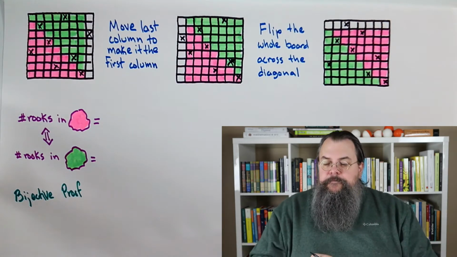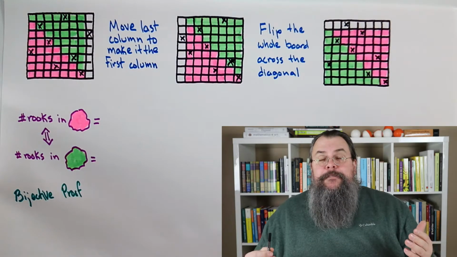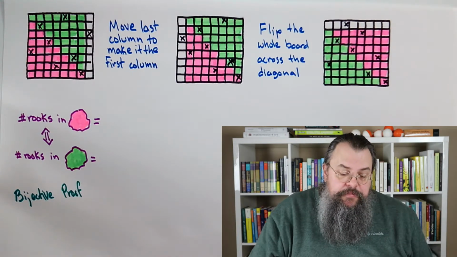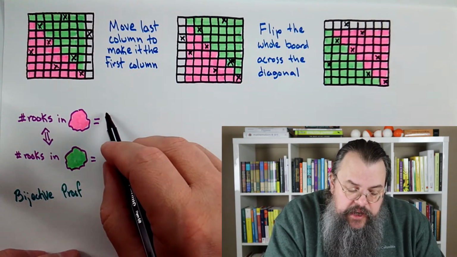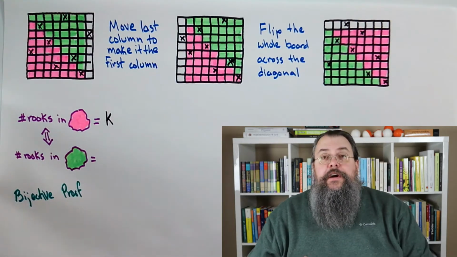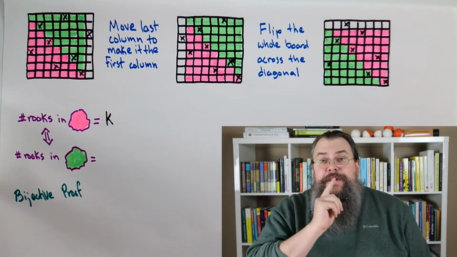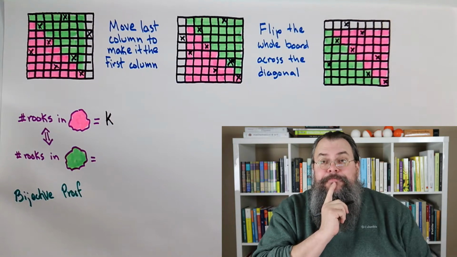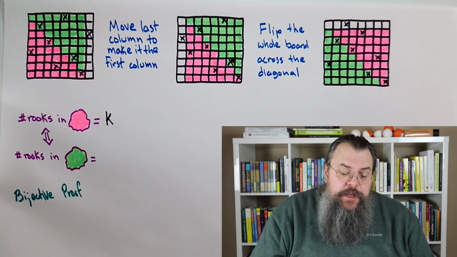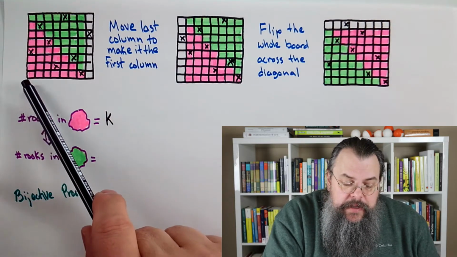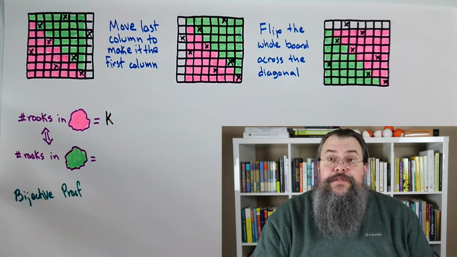All right. And there we go. Now, how does this all fit together? Well, let's think about it. Let's suppose we start and there are k rooks in our pink region. How many rooks are in our green region? And how can we figure that out? Well, if we think about it, collectively, the pink and the green used how many columns?